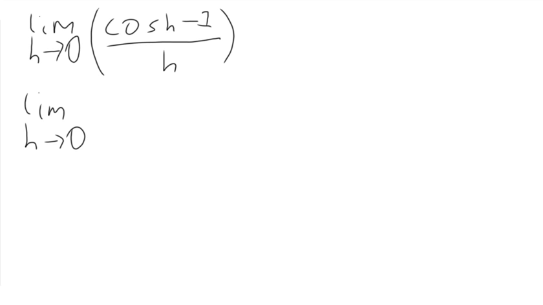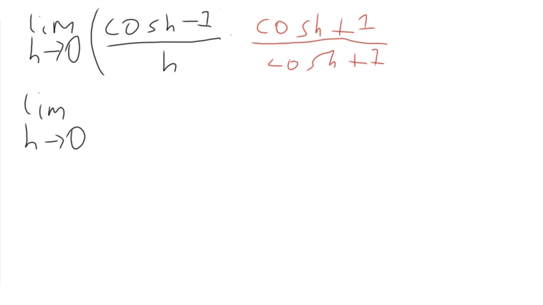So I'm going to take a look at this fraction here, and I'm going to multiply top and bottom by the conjugate of the numerator, which will be cosine h plus 1 over cosine h plus 1. That's right, in calculus we rationalize the numerators.